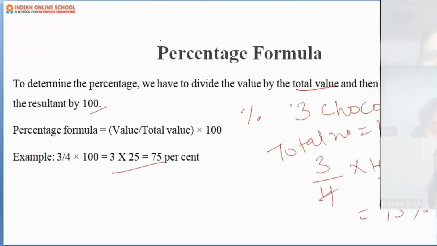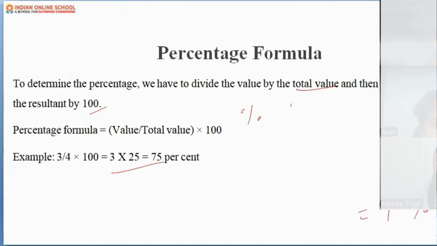Here I have given example. My screen was not sharing that time. So again, if I have 10 chocolates, and I gave Ananjit 5 chocolates, so how much percentage he got?